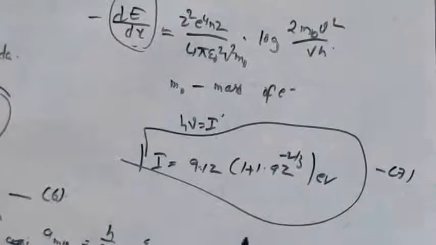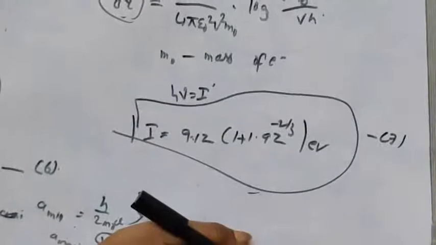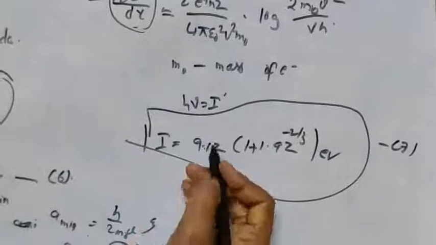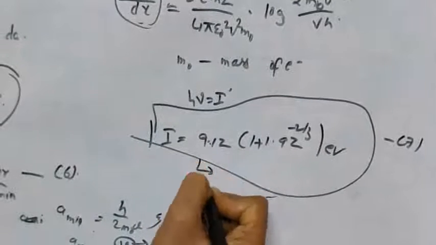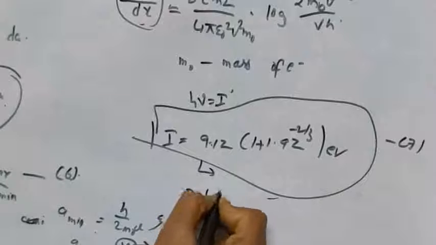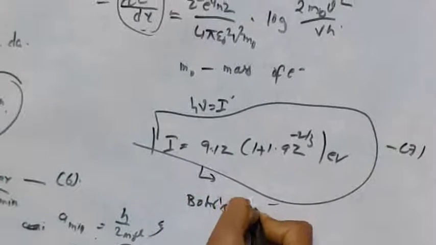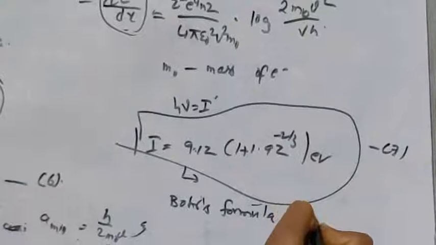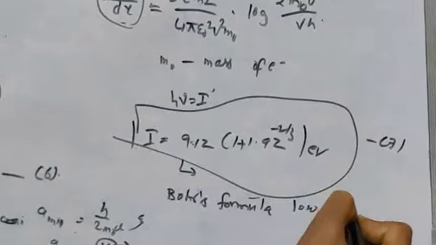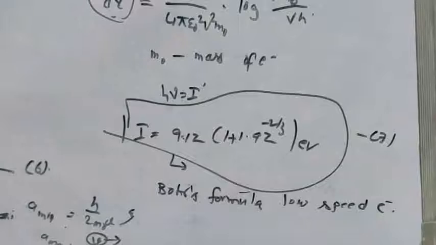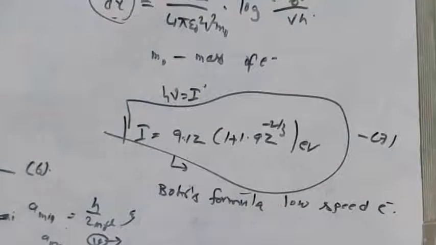This equation 7 is referred to as Bohr's formula for low speed moving electrons. Okay, this is about Bohr's theory.